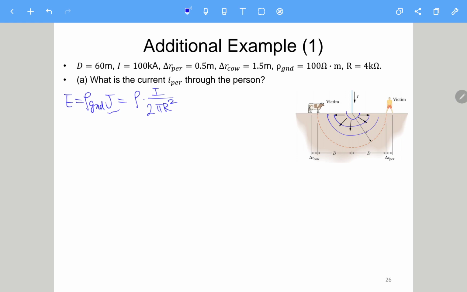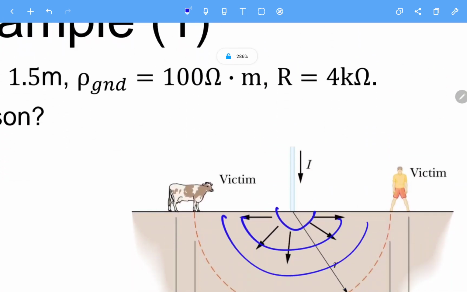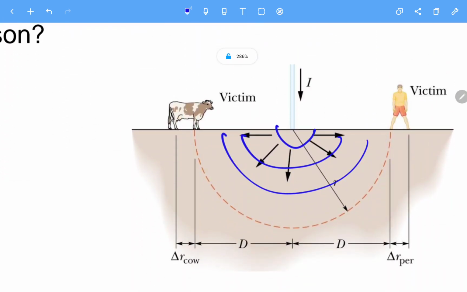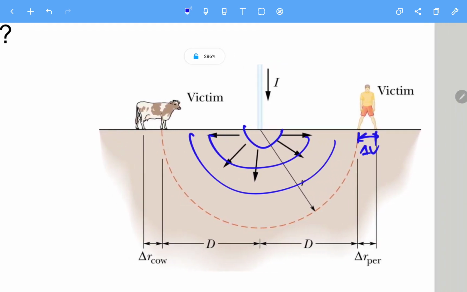Okay, so we will consider this the cross section area. You can also see that J is not uniform along the whole path, so we will need to do the integration. And then we would like to consider the delta V, from the left foot to the right foot.